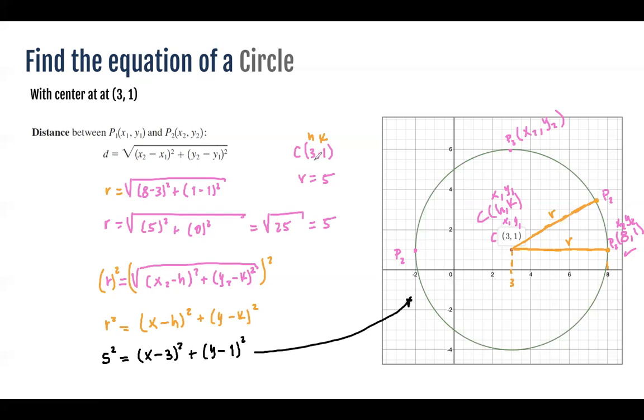And it all comes from the fact that the distance between the center and any point on the circumference will always be the same. So if I substitute this point right here, or this point right here, and I find the distance from that point to the center, it will always be 5 in this particular case.